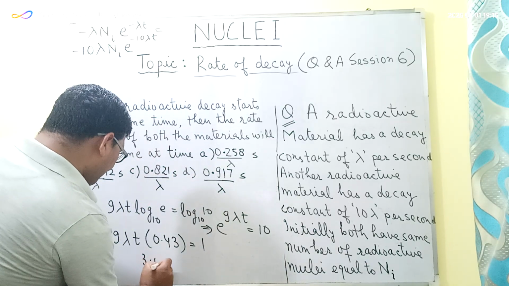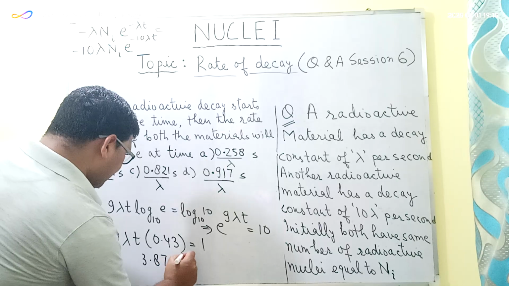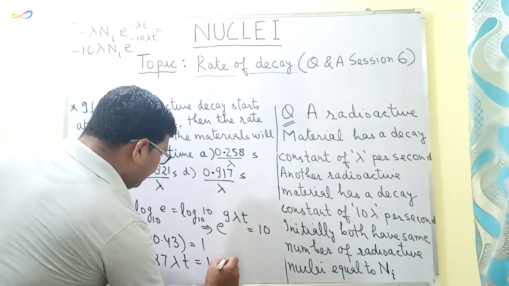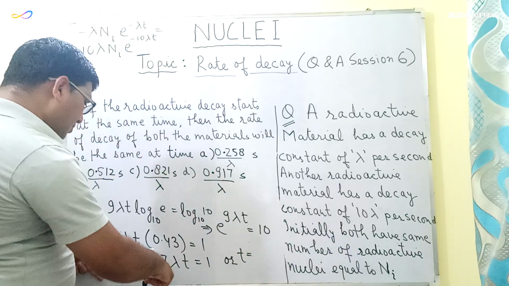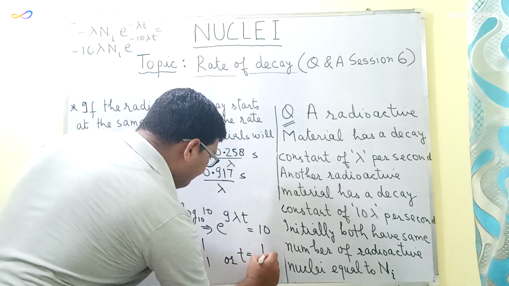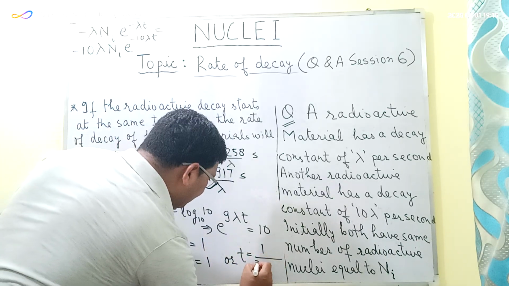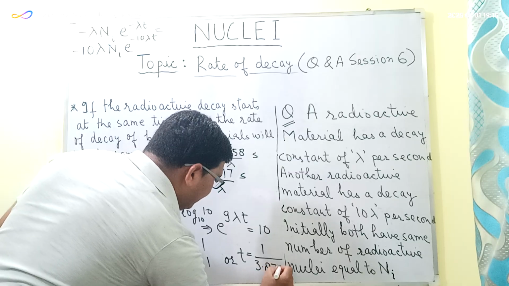So 3.87 lambda t is equal to 1, or t is equal to 1 divided by 3.87 lambda.